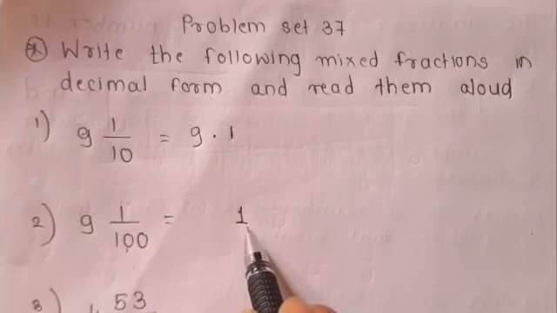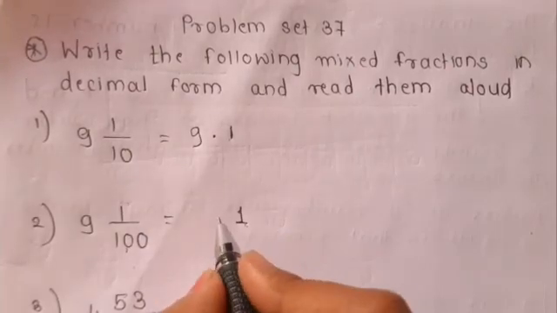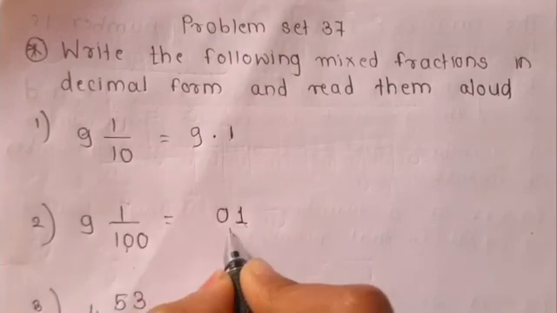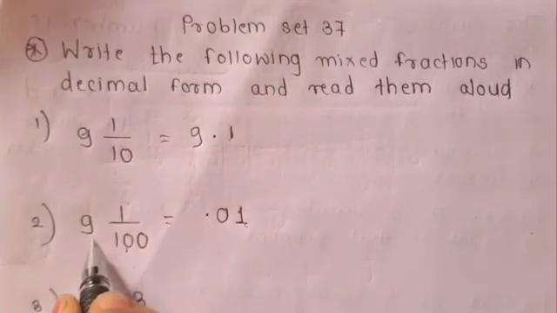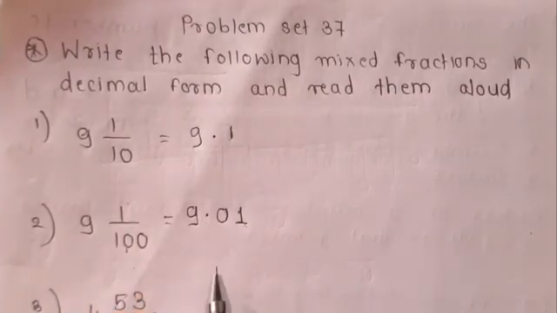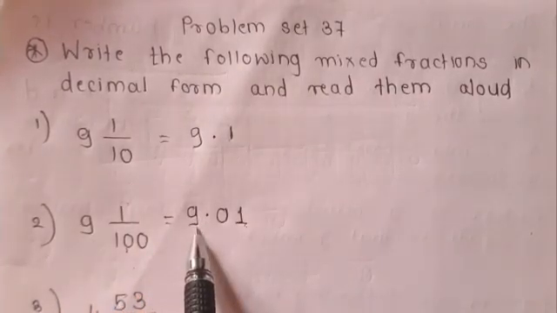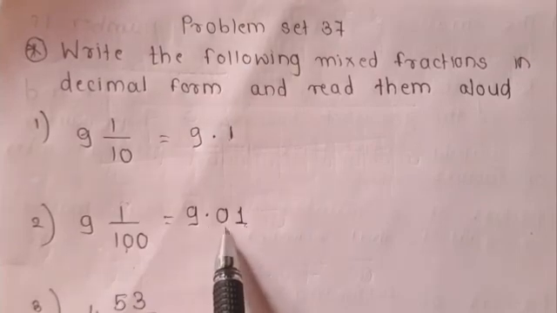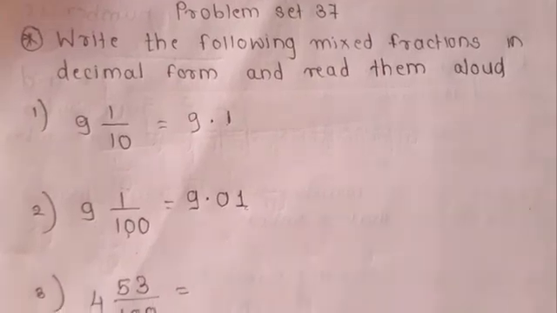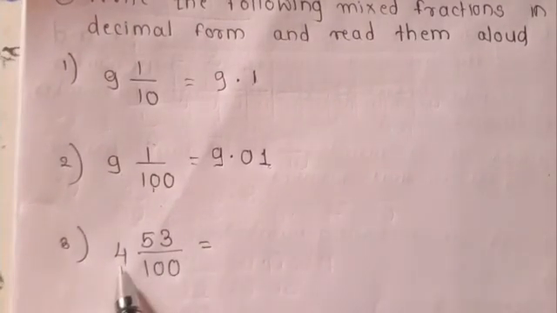So on the left of 1 we will put a 0, then point, and 9 is the whole number. So how will we read? 9.01. Now third is 4 53 upon 100.